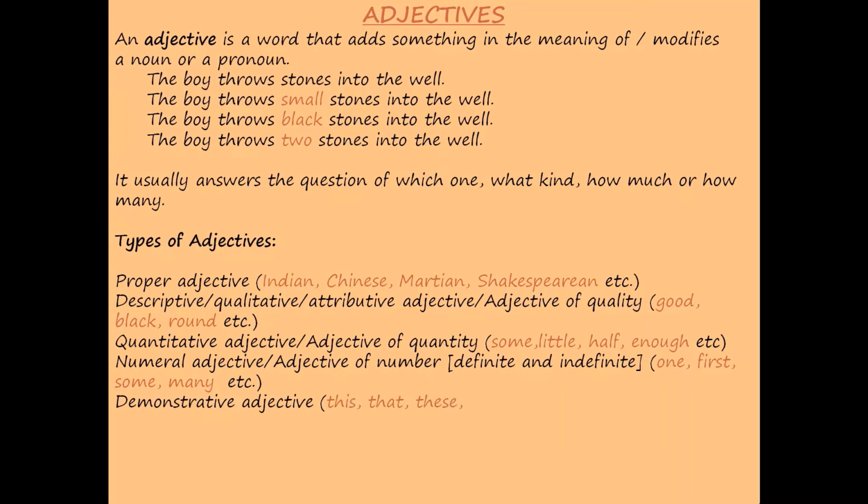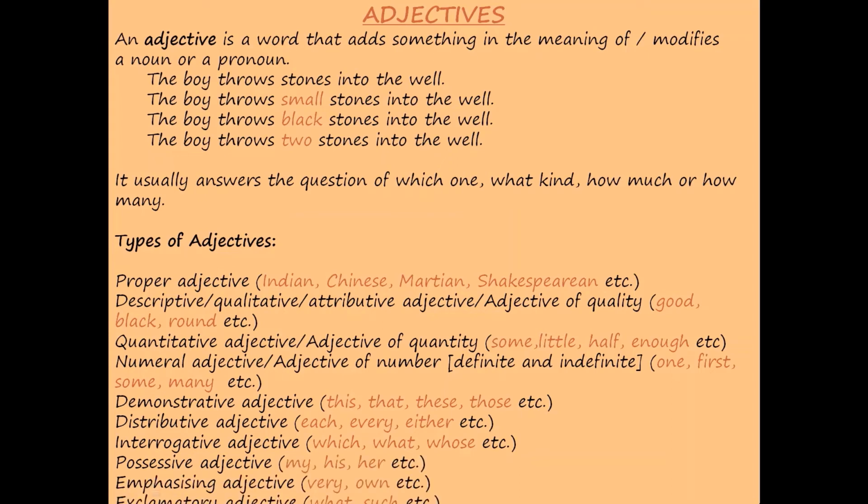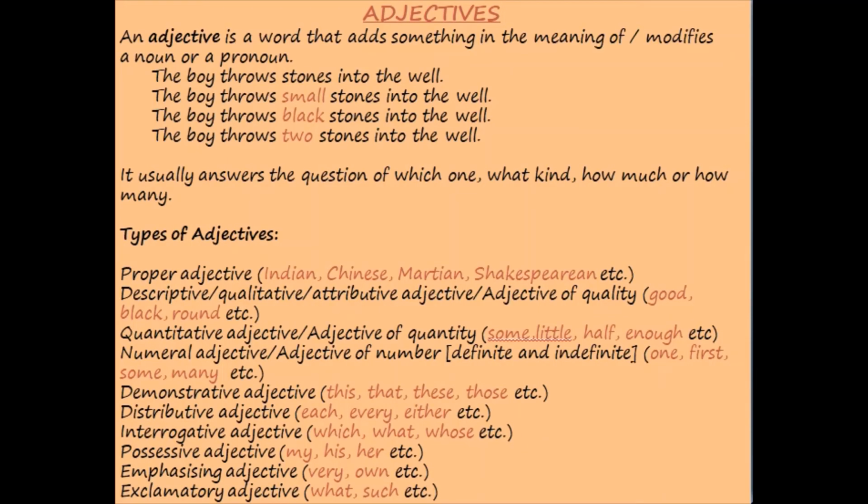and many are indefinite. And then comes demonstrative adjective like this, that, these, those, etc. And then distributive adjective like each, every, either, etc. Interrogative adjective that asks a question, as which, what, whose, etc. Possessive adjective that tells the possession, as my, his, her, etc. Emphasizing adjective is very, own, etc., just to put emphasis.